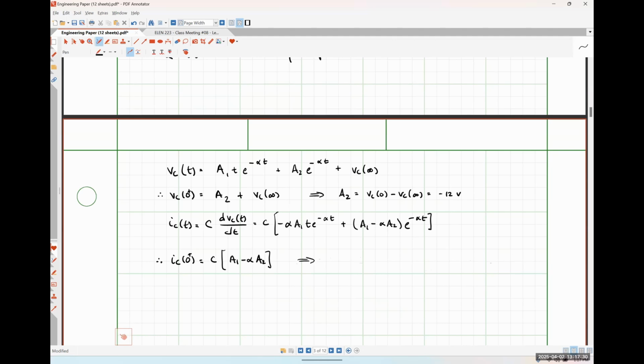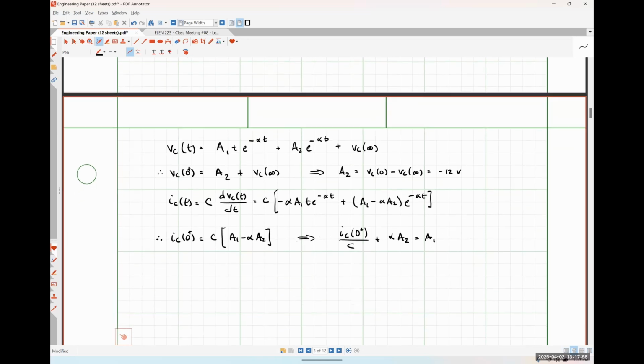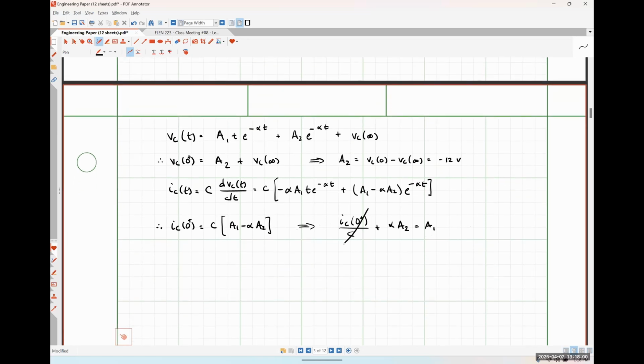Okay. My apologies. So IC of 0 plus, divide both sides through by a factor of C, add alpha A2 over C, is equal to A1. Okay, sorry about that. This guy is still 0. My units weren't working out the way that I wanted them to.